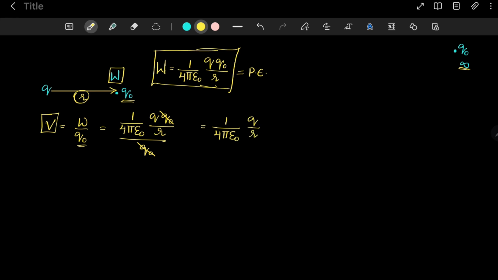So there are two formulas for electric potential: V is equal to W by Q naught, and at the same time it can also be equal to 1 by 4 pi epsilon naught Q divided by R. This 1 by 4 pi epsilon naught can also be written as small k, so V is equal to kQ divided by R. If you remember, this value is 9 into 10 power 9 Newton meter square per Coulomb square.